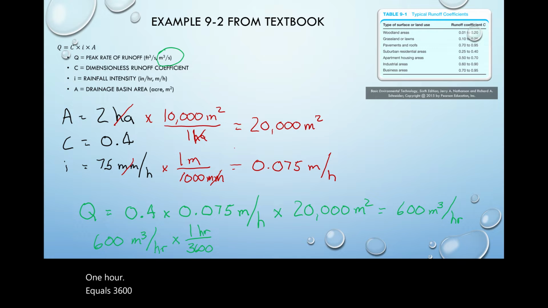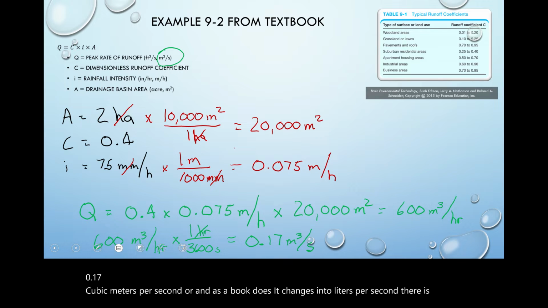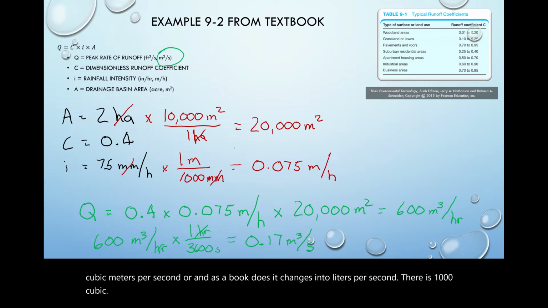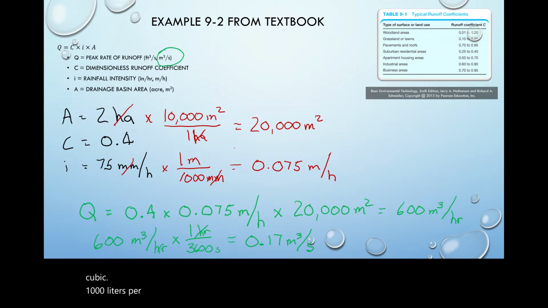So we divide, the hours cancel out, and that will equal 0.17 cubic meters per second. Or as the book does, it changes into liters per second. There is 1,000 liters per cubic meter. So I multiply that by 1,000, and I'll get 170 liters per second. So that is the answer to a metric conversion.